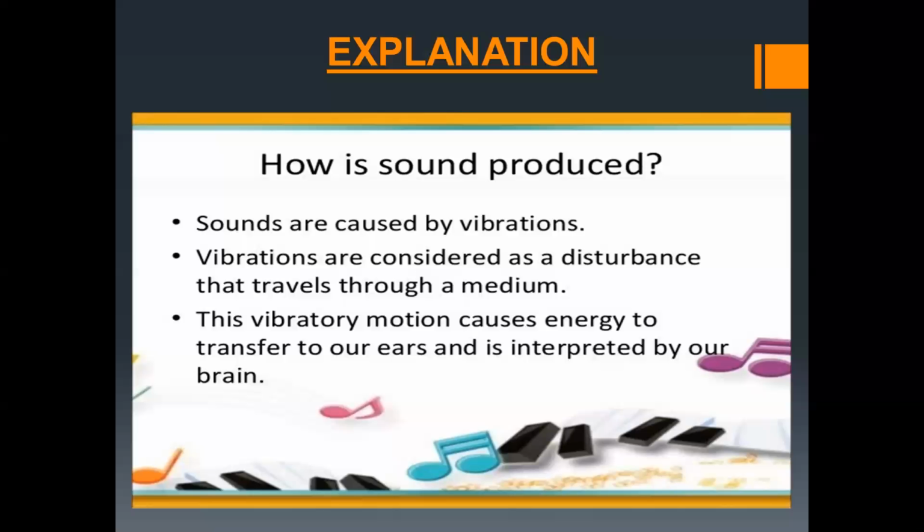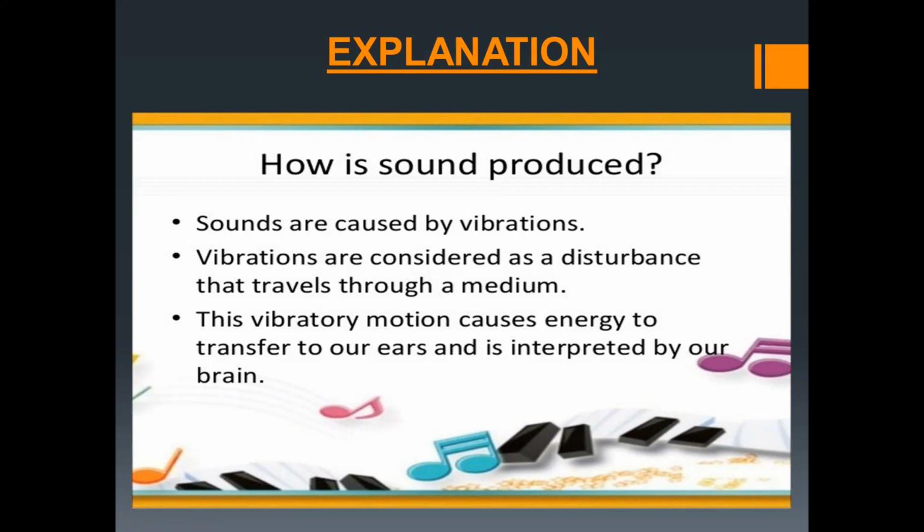How is sound produced, as it was our first objective? Number one, sounds are caused by vibrations. Take this key point into your consideration, students, that sound will always be produced when there is some vibration. I already told you what vibration is. It is to and fro motion.